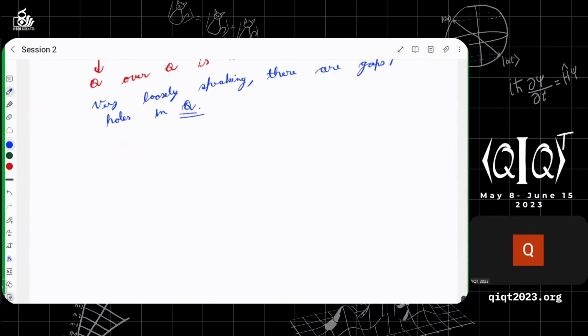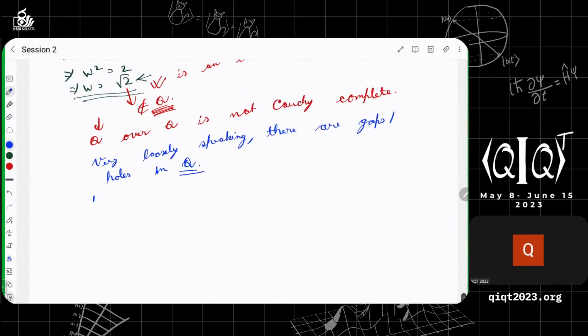For example, if you take the set of real numbers, or the set of complex numbers, there will be no gaps or holes. So, for example, R3 over R will be a Hilbert space because it will be Cauchy complete. Or rather, let's deal with Cauchy completeness only right now.